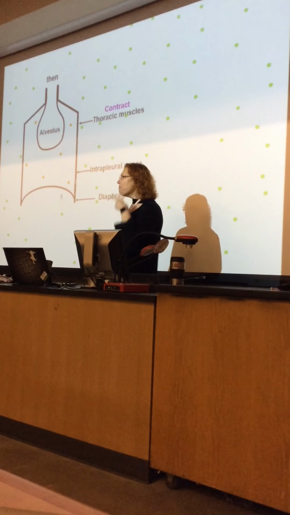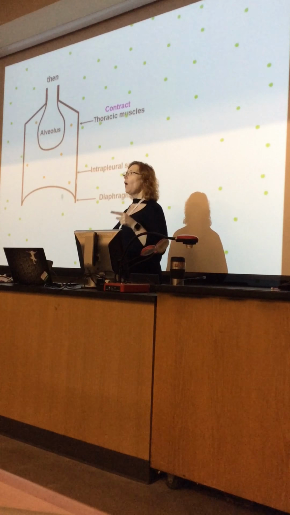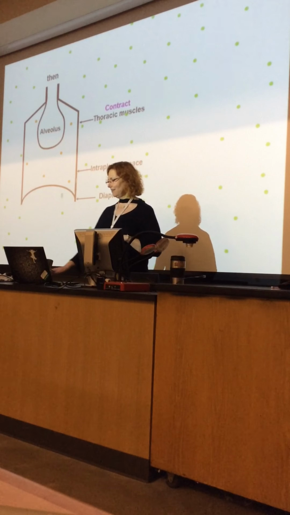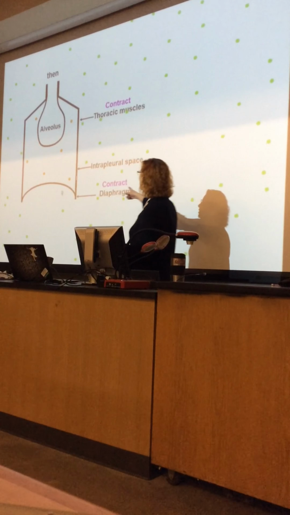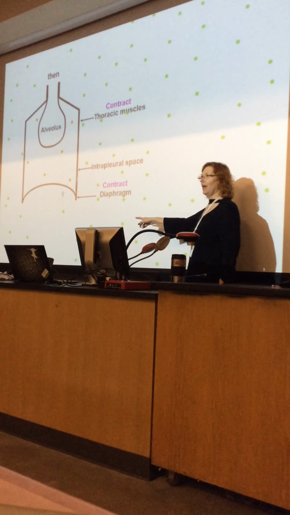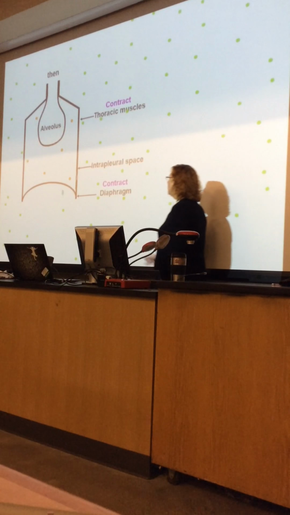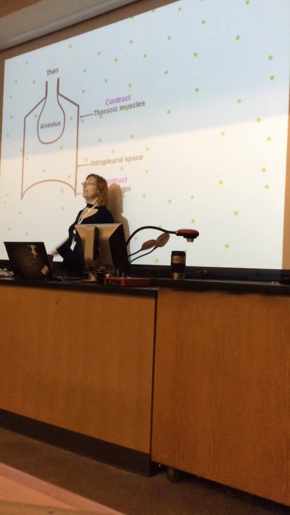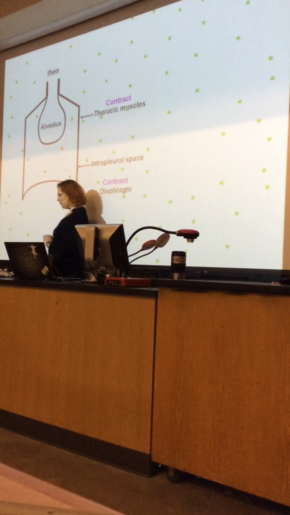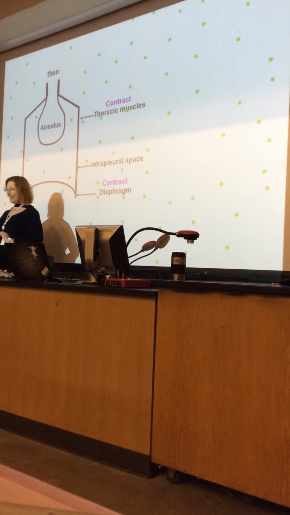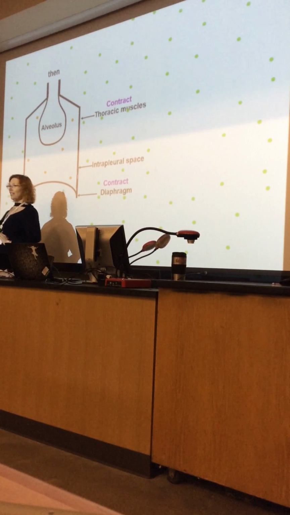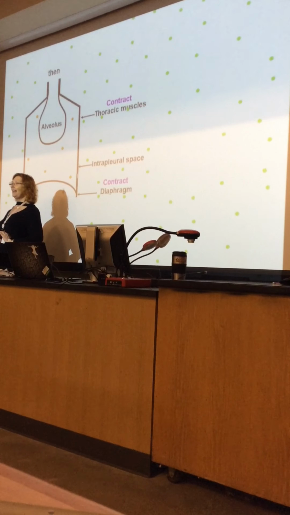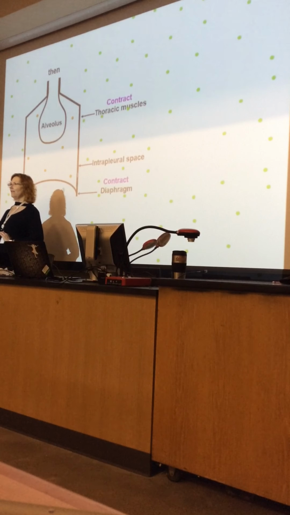We've got another big player in this. What else contracts? The diaphragm does. And this is showing the diaphragm relaxed. When the diaphragm is relaxed, it is arched and it is up into the thoracic cavity.